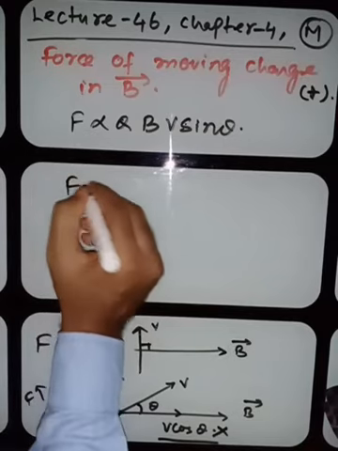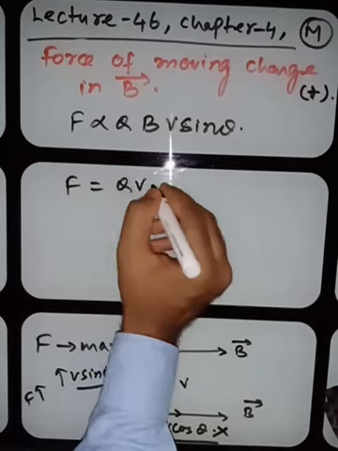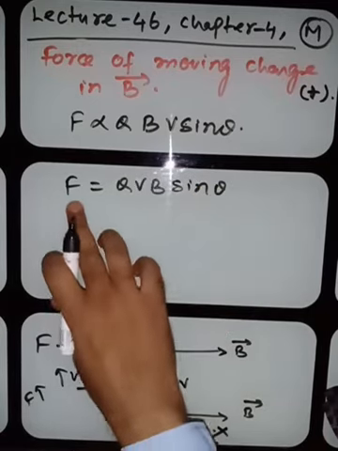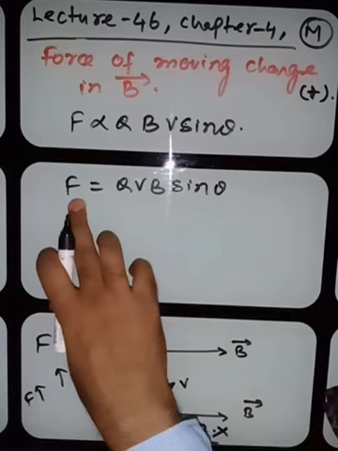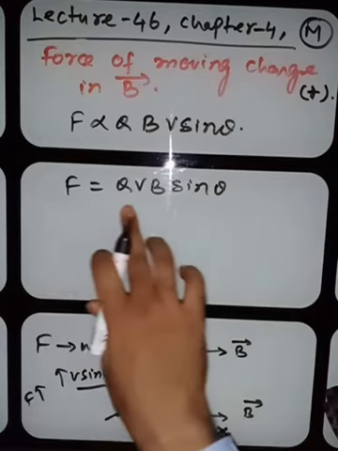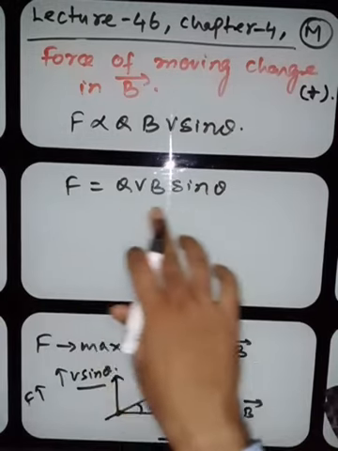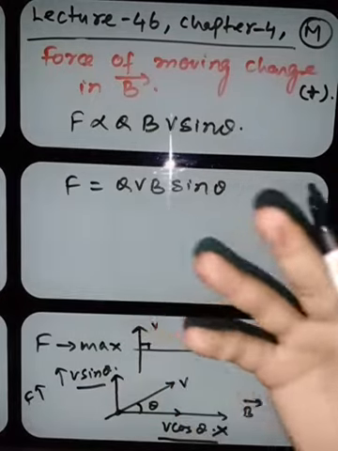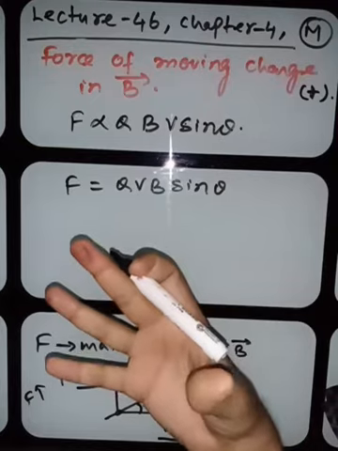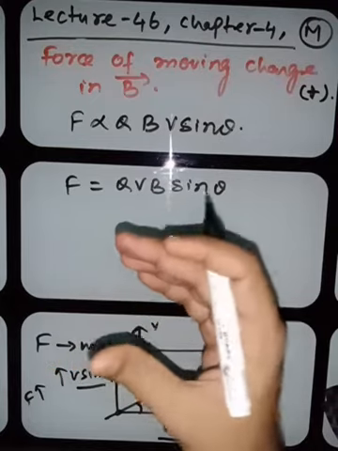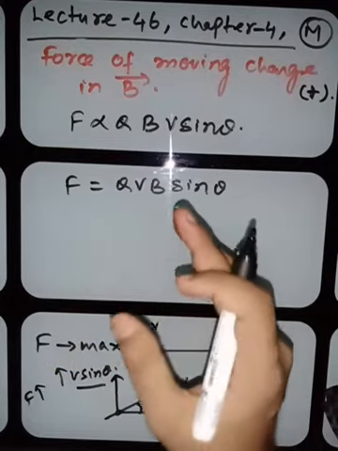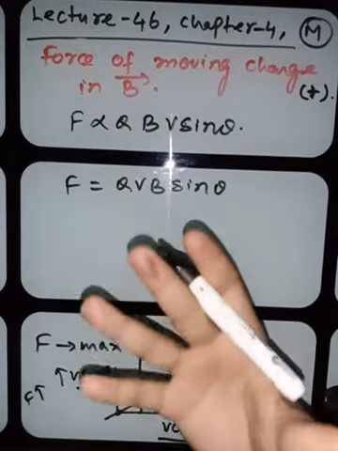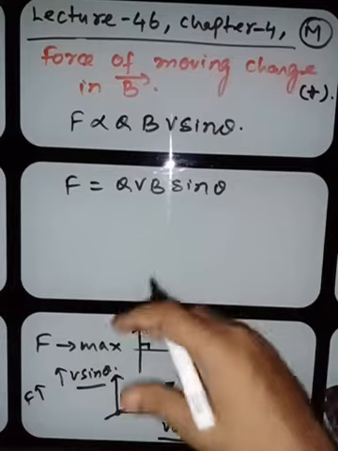So we can write here F is equal to QVB sine theta. Since this force is a vector quantity, it can also be represented in vector form. To understand the direction of force, Fleming did some observations and experiments, and he found the force for different charges, positive and negative.